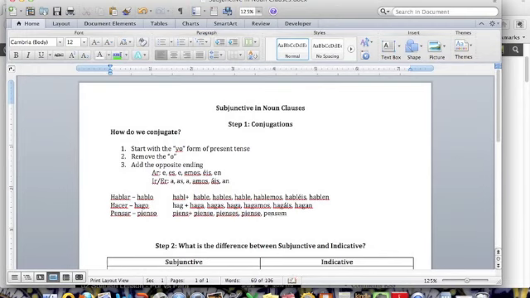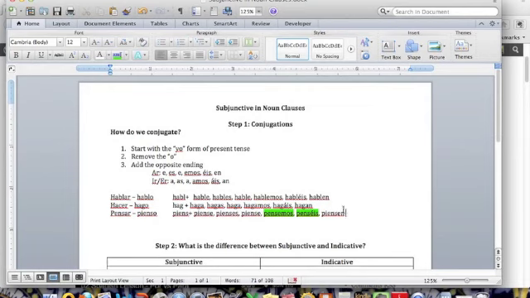So it's pensemos, penséis, piensen. So just like in the indicative, when we have a stem changer, we still do not stem change in the nosotros form. And we also don't stem change in the vosotros form. So stem changers that stem change in the indicative also stem change in the subjunctive, and they do not stem change in nosotros or vosotros, just like the indicative.